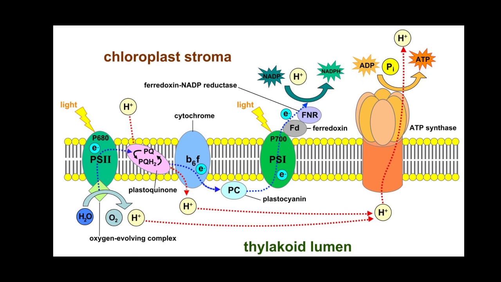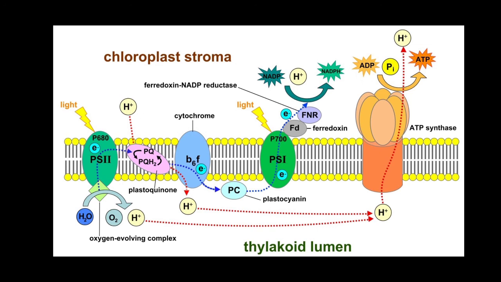This process is phosphorylation, because adenosine diphosphate is being phosphorylated, and since it is connected with a light-dependent process, this step is sometimes called photophosphorylation. The entire chemiosmotic model ends with the photophosphorylation step.